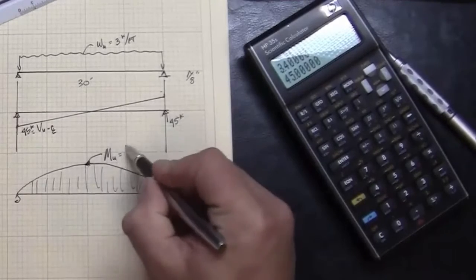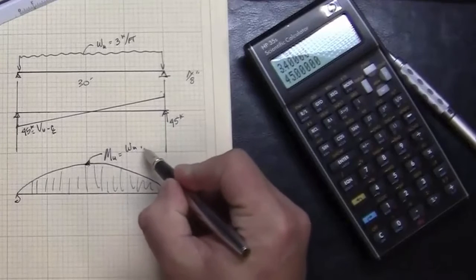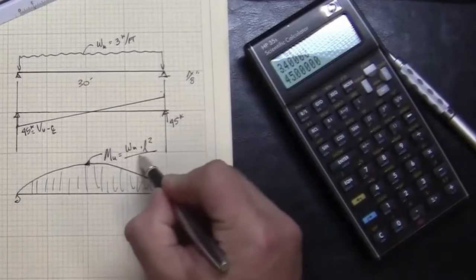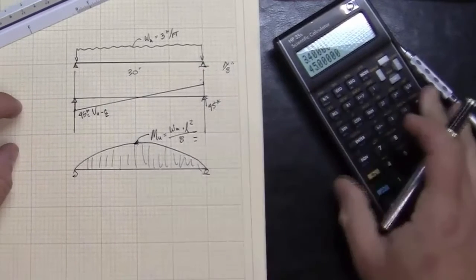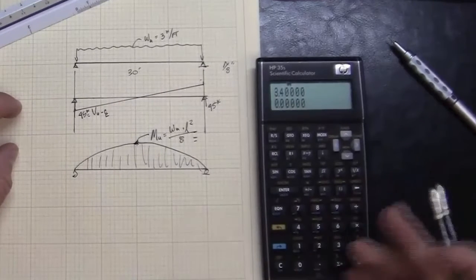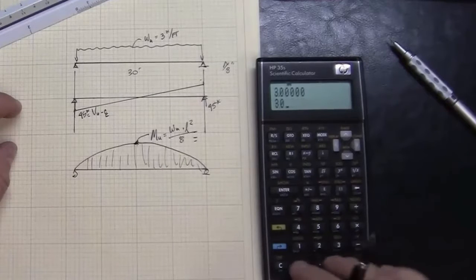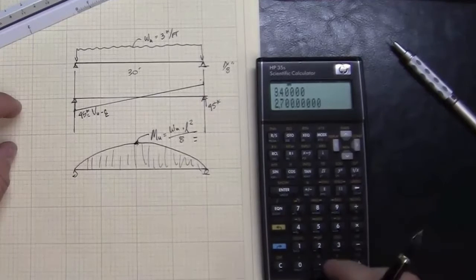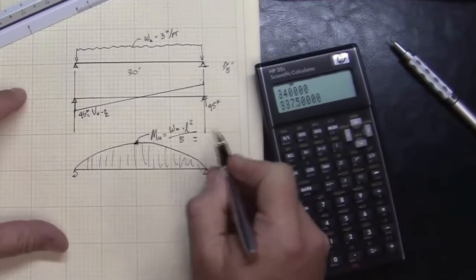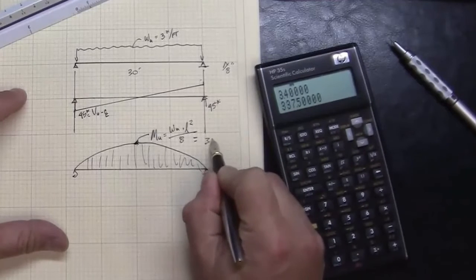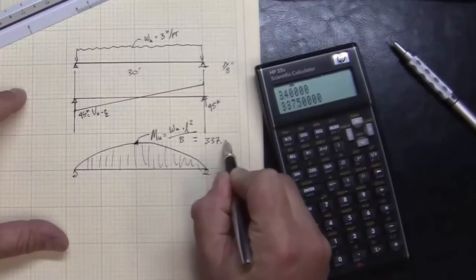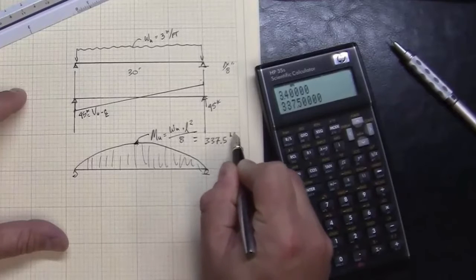MU would be WU L squared over 8. We calculated this earlier on screen. If I take the WU L squared over 8, we're going to end up with 337.5 kip feet.